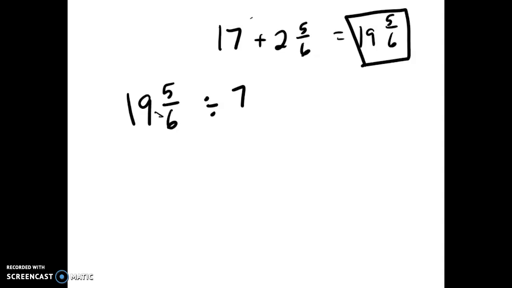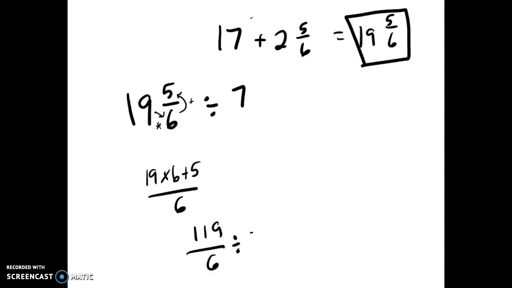So I have to change it to an improper fraction, multiplying the 19 by 6 and then adding the numerator. So I end up with 119 over 6 divided by 7.